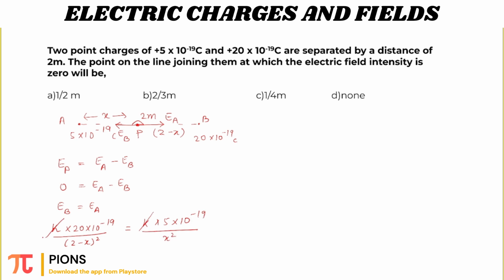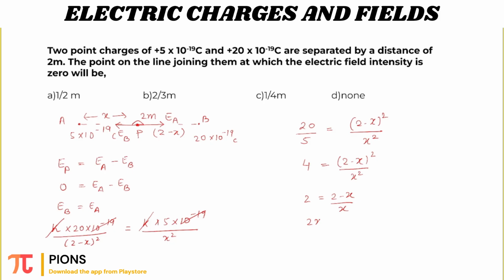Let's cancel out K with K, and 10 to the power minus 19 with 10 to the power minus 19. What we are left with here is 20, let's take 5 on the left hand side, and 2 minus x whole square divided by x square. So this will be 20 upon 5, that is 4, equal to 2 minus x whole square over x square. Now taking the root on both the sides, it will give us 2 equal to 2 minus x over x.